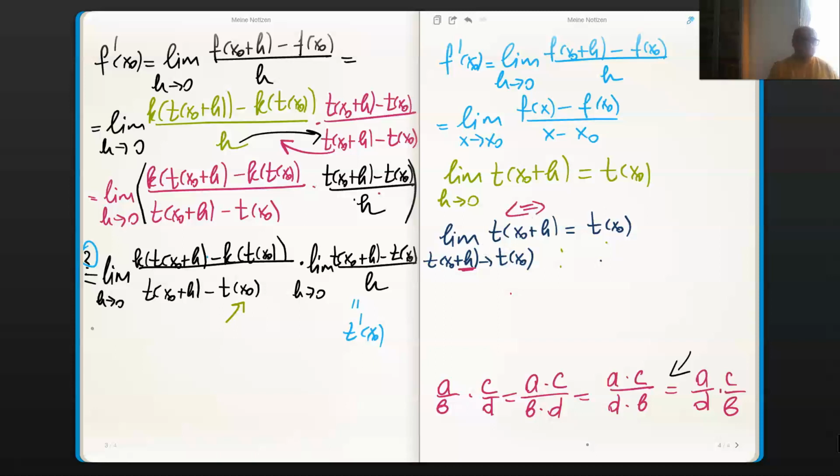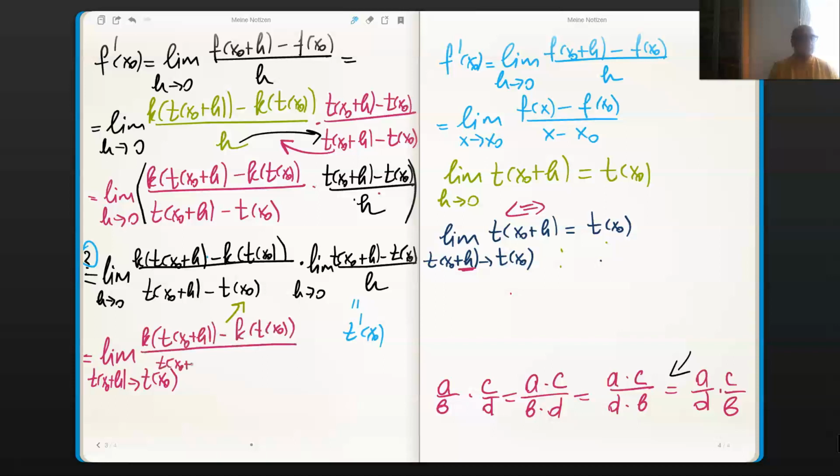And these are two equivalent expressions, so I'm not changing anything. So basically what we're doing, we're just rewriting it here, and instead of writing h towards 0, we're just writing t of xo plus h is running towards t of xo, which implies that h is disappearing. We still have k of t of xo plus h minus k of t of xo divided over t of xo plus h minus t of xo, yeah, well, and then times literally t prime of xo, which does exist because the function was explained as differentiable, right?